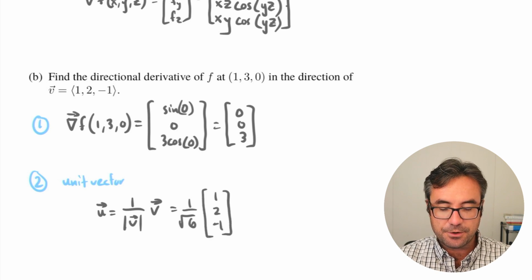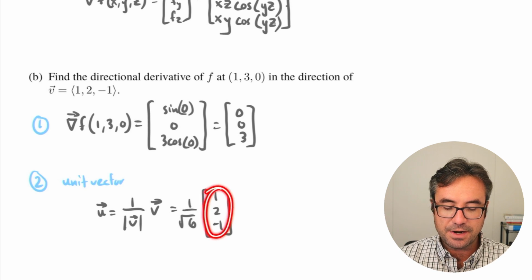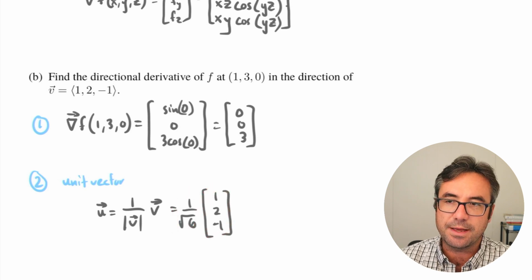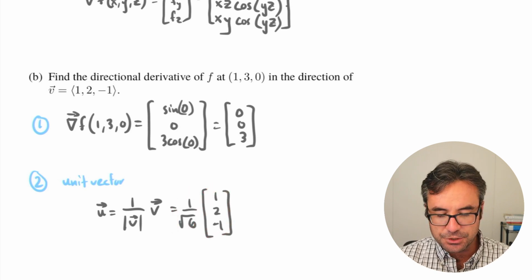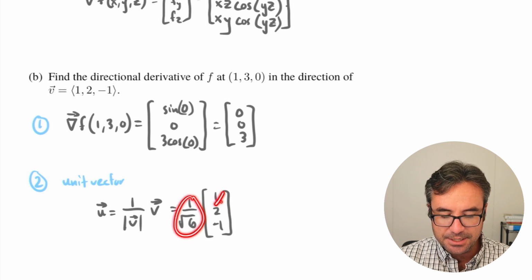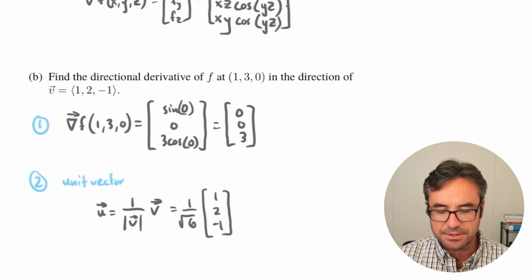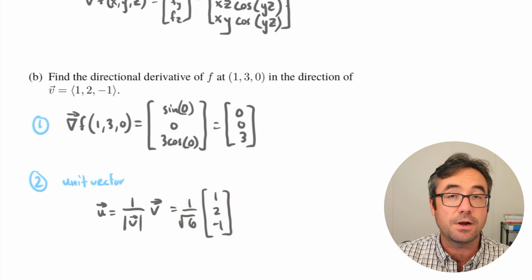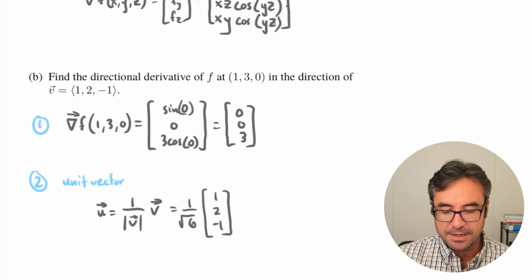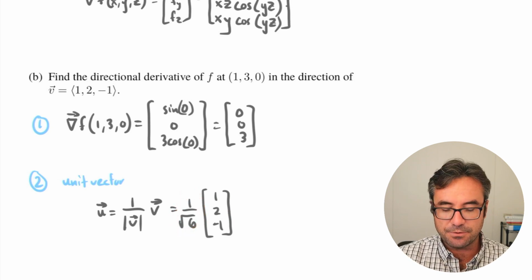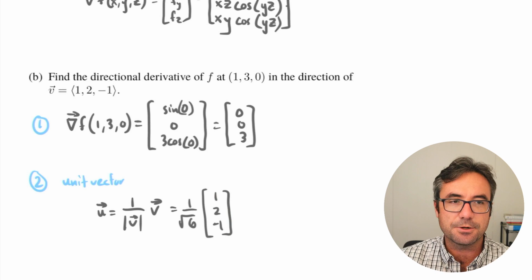Our unit vector is going to be our vector v times 1 over that length. Or if we wanted to, we could distribute this and divide each component by square root 6. Perfectly fine to do it like that. Sometimes I think it's a little easier to keep that factored out in front, so that the vector itself is a little bit easier, but either way is fine.